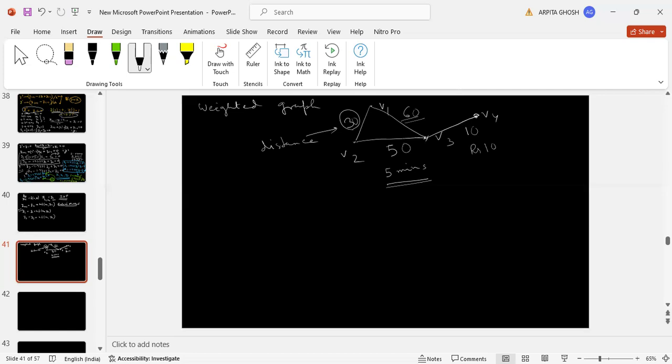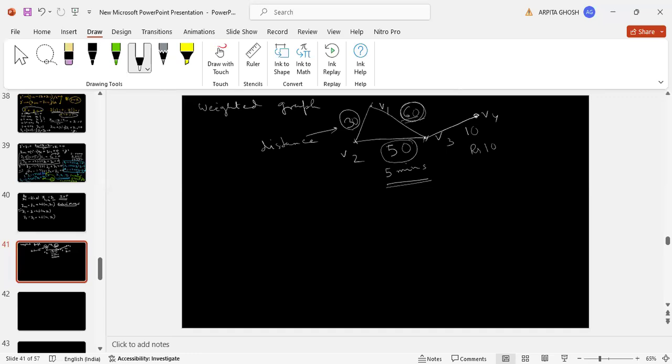Or to reach V1 from V3, the auto takes 60 rupees. To reach V3 from V2, the auto takes 50 rupees. To reach V1 from V2, the auto takes 30 rupees. So these are the ways by which we define the numbers.